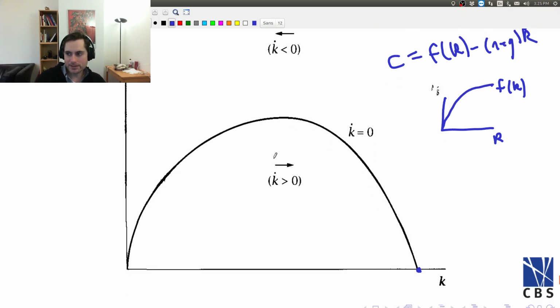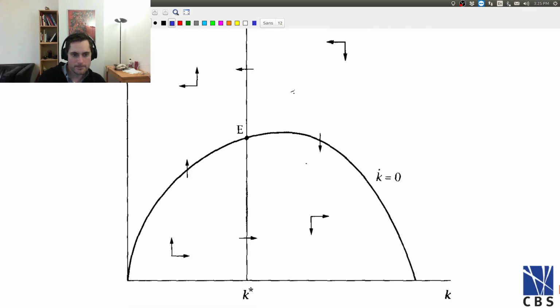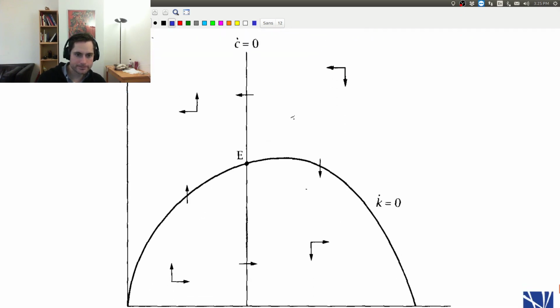So that is that. Now let's finally combine the two graphs. Okay. So along this line, let me move my face back to the other side again.